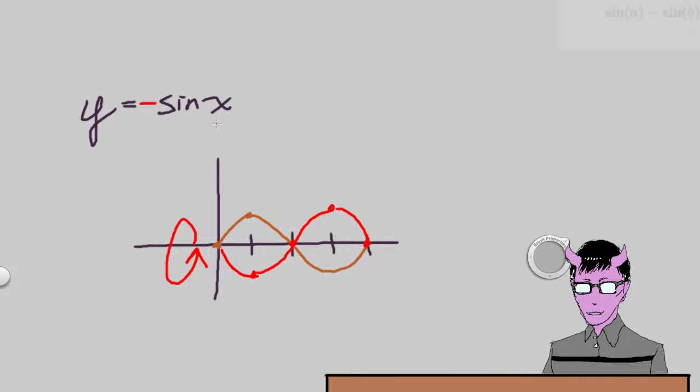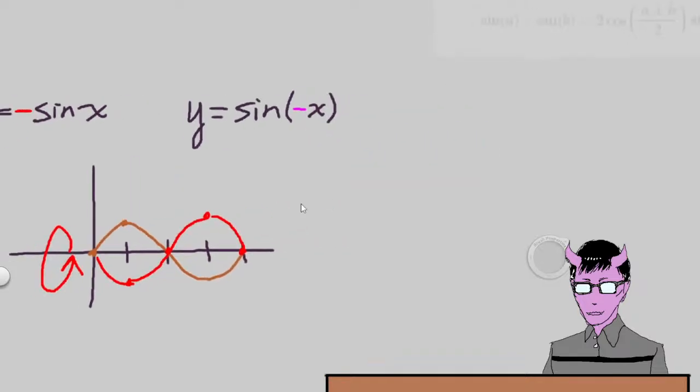That's it. So you can imagine, therefore, what if we have a negative inside the argument? So if we have y is equal to sine of negative x, what happens to our particular graph if we have a negative inside here? You can expect it does something familiar to what we've done before.